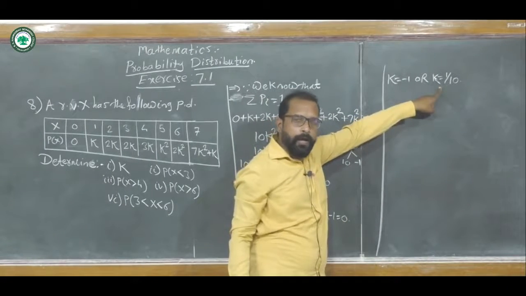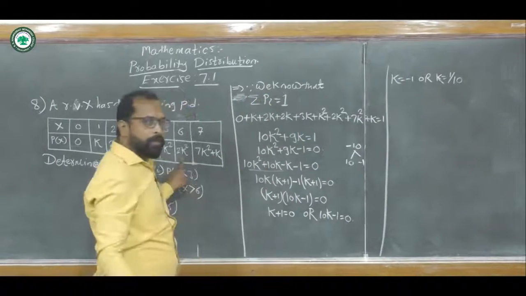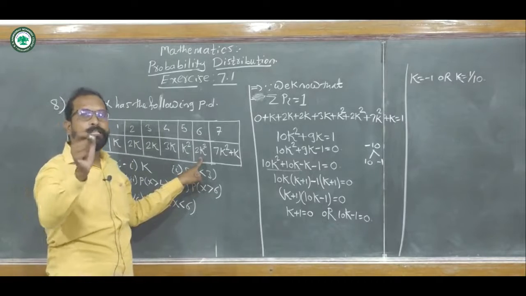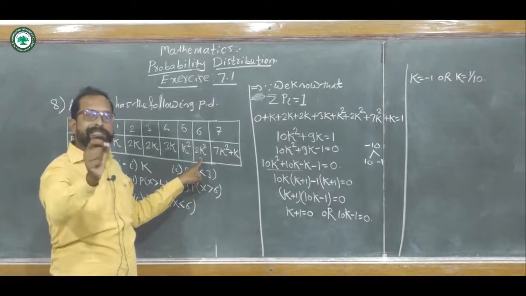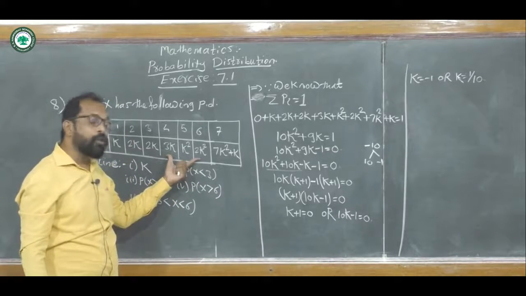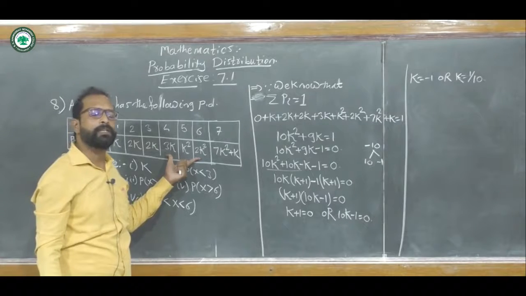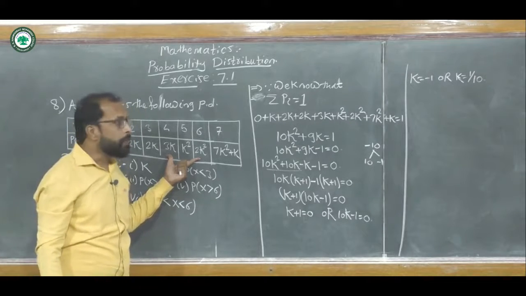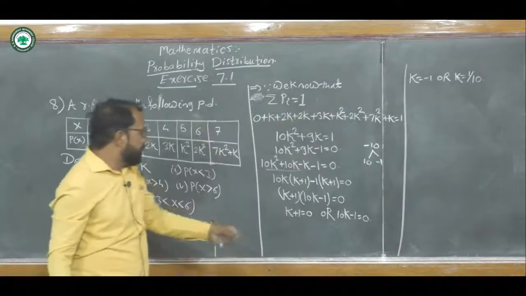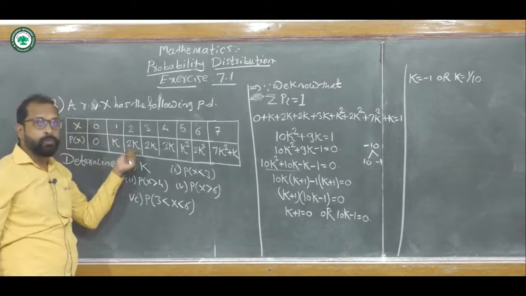But we also know that in a probability distribution, each pi is greater than or equal to 0, meaning each value of probability must be greater than or equal to 0. Now here, if we put the value k equals minus 1, these probabilities become negative.